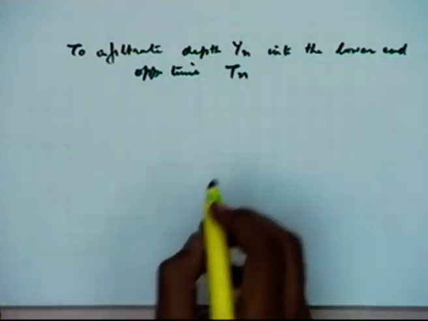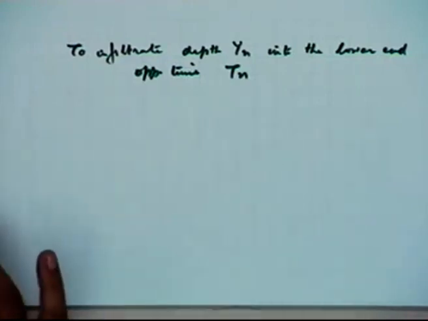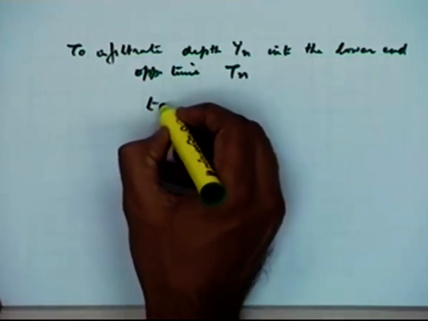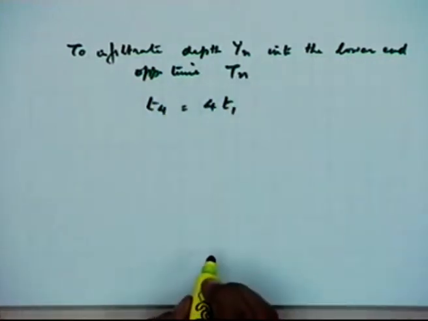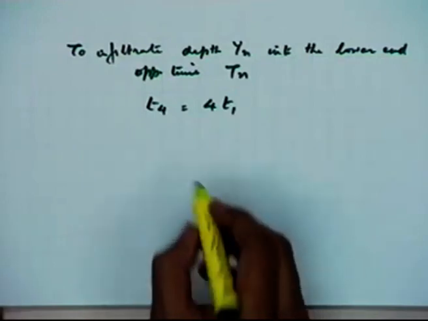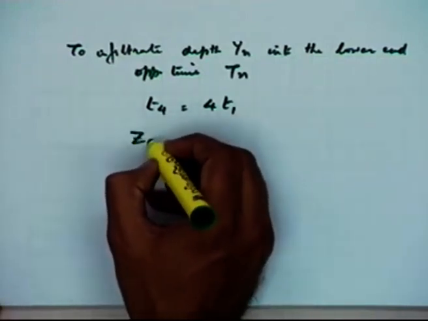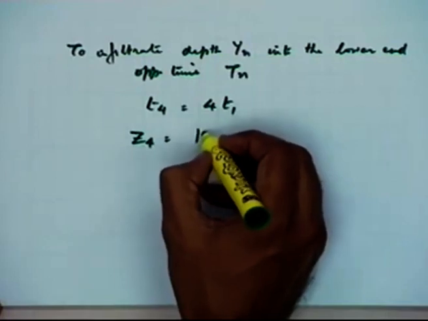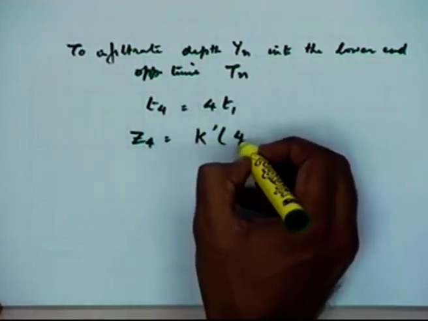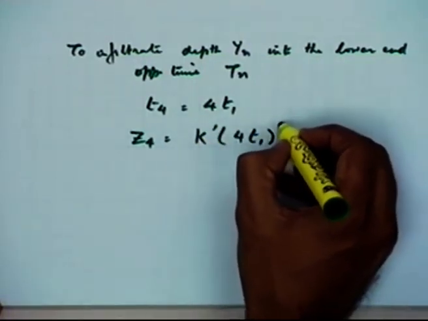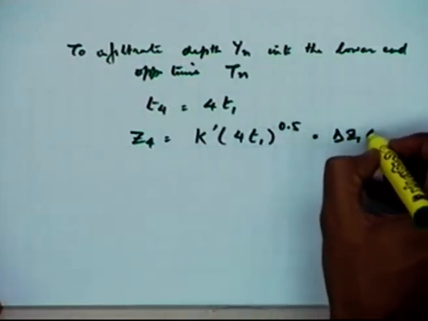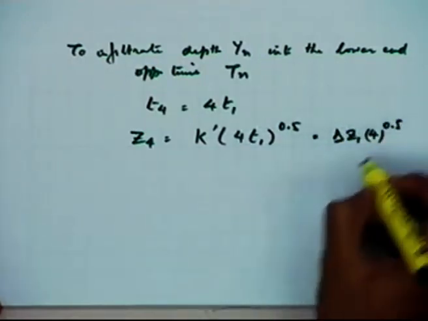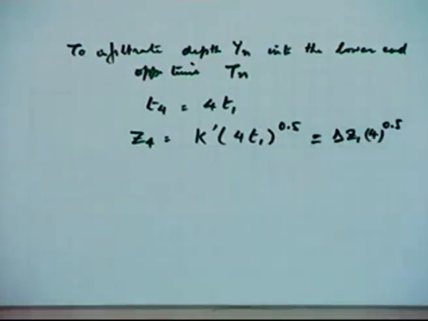Okay. But we also know that T4 is equal to how much? 4 times T1, and correspondingly Z4 is K dash 4T1 or delta Z1 into 4 to the power 0.5, the same thing.